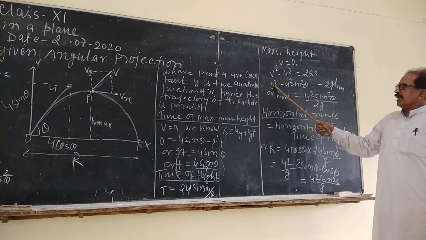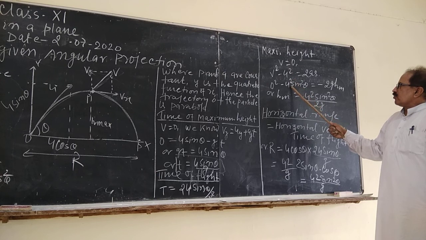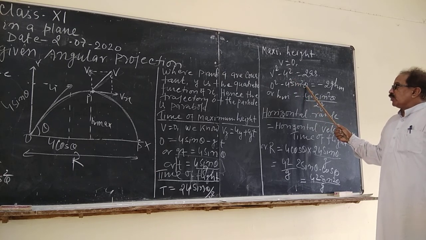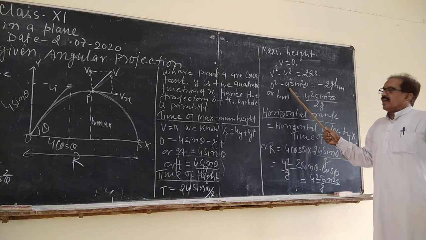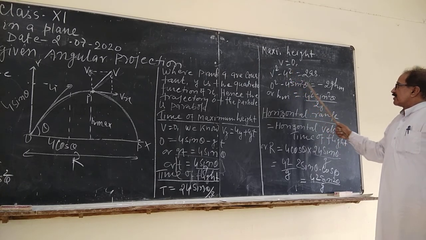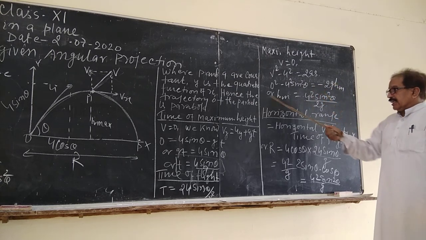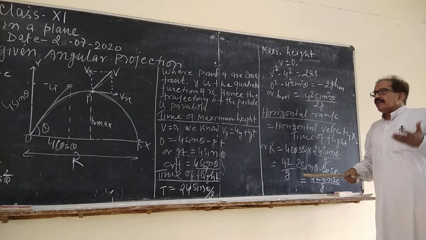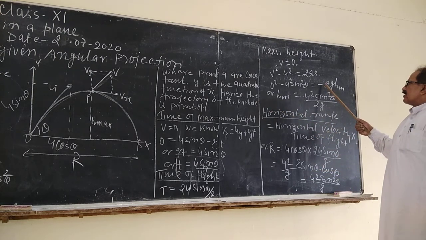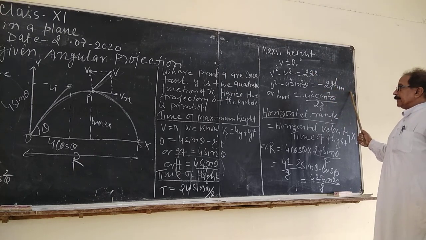Here the velocity at the maximum height is 0, minus u square sin square theta, the component of u in vertical direction, is equal to minus 2g, because the acceleration due to gravity is in negative direction, into h, where h is the distance, the maximum height.